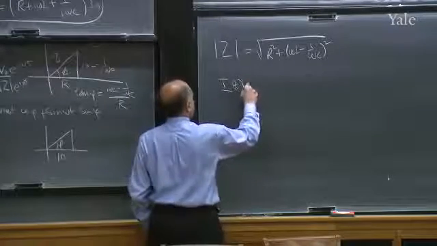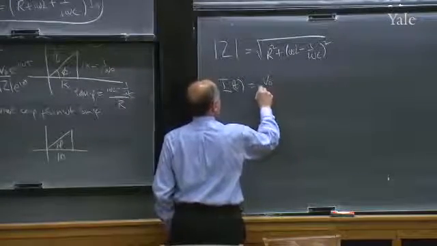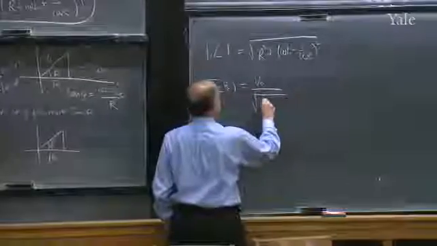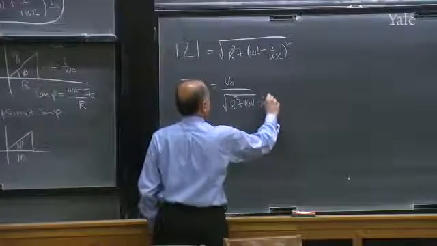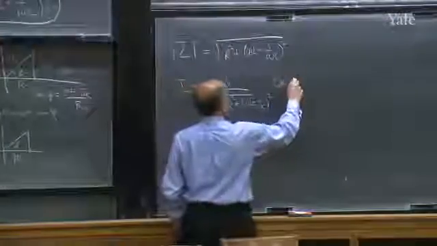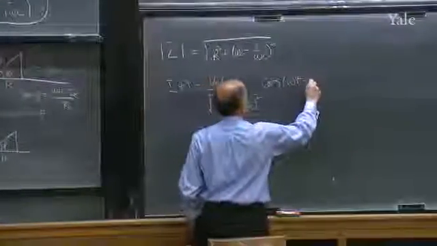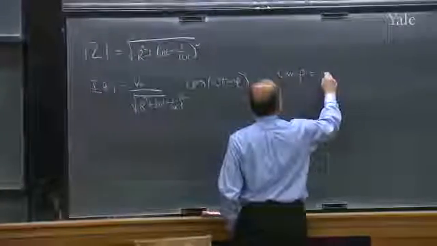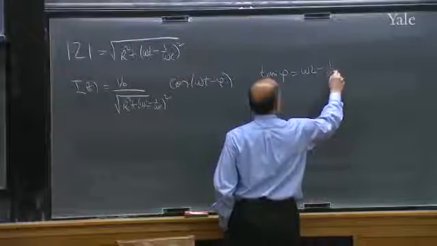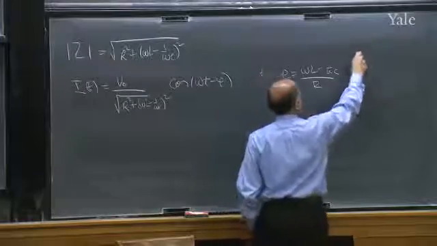I of t is V0 over the square root of R squared plus omega L minus 1 over omega C squared, times cosine of omega t minus phi, where tan phi is equal to omega L minus 1 over omega C divided by R.